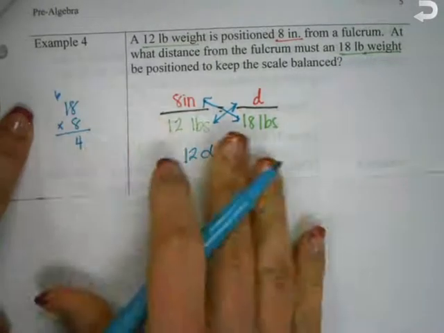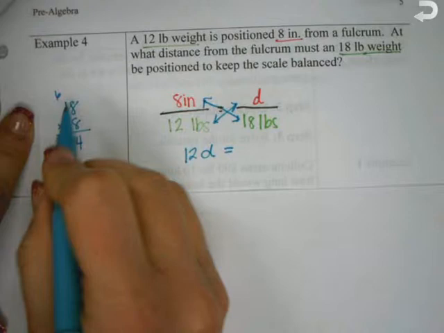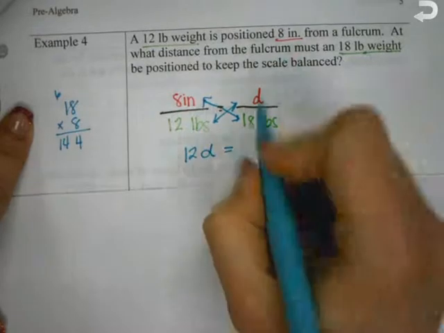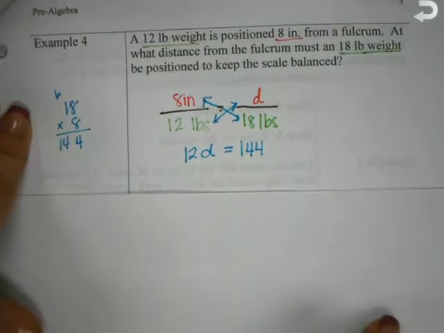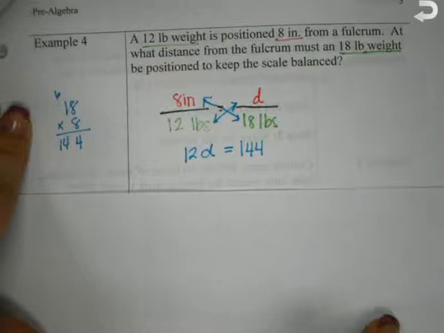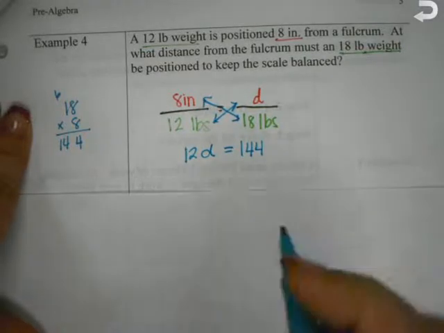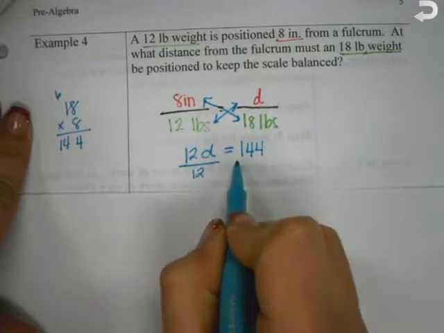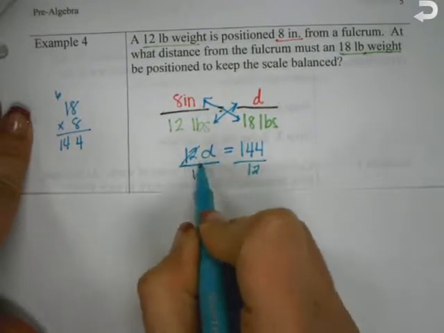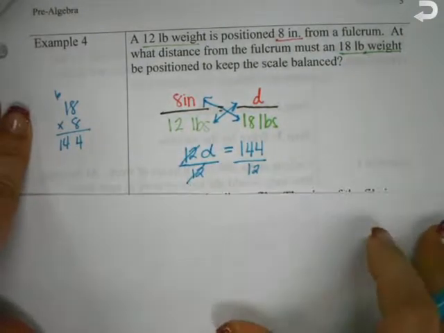And I still have not solved for D, so what do I need to do? 12D equals 144, so I divide both sides by 12. And I get D equals 144 divided by 12? 12 what? Inches.